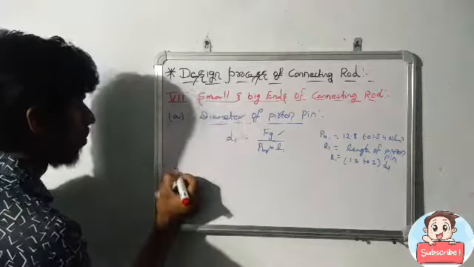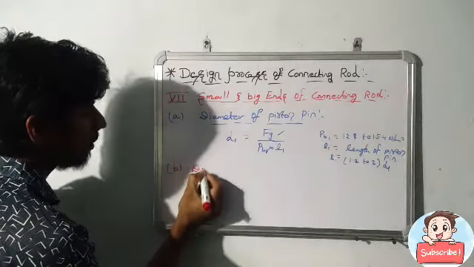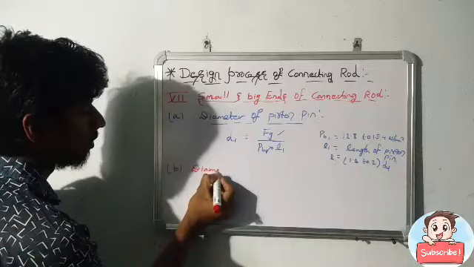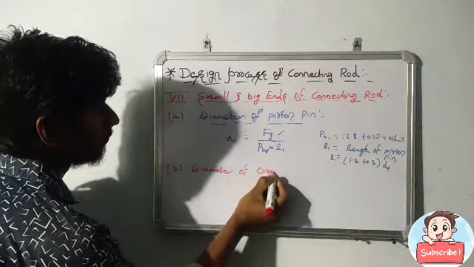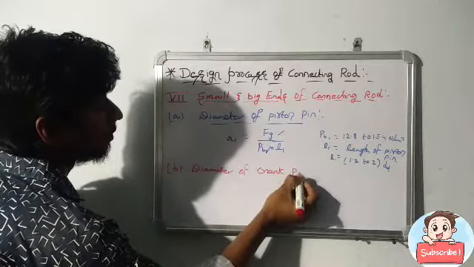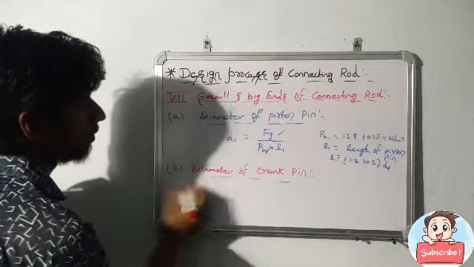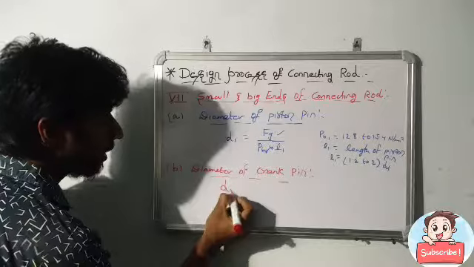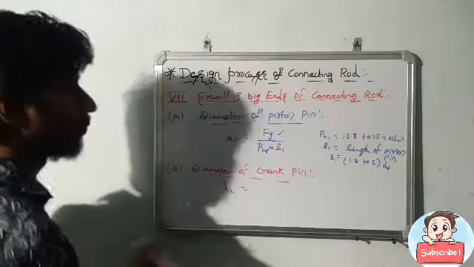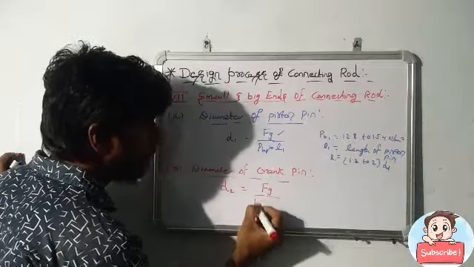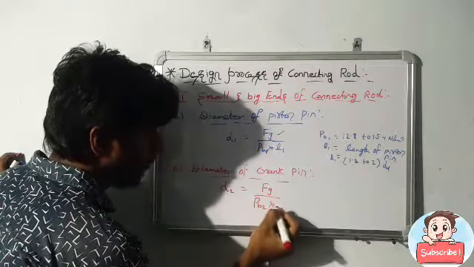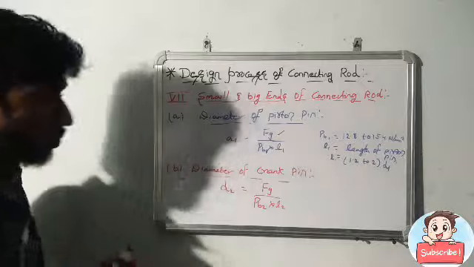Similarly, what is the diameter of the crank pin? It is denoted by small d2, that is equal to Fg by Pb2 into L2. So it is the formula.